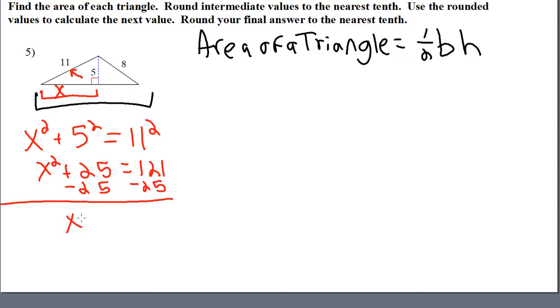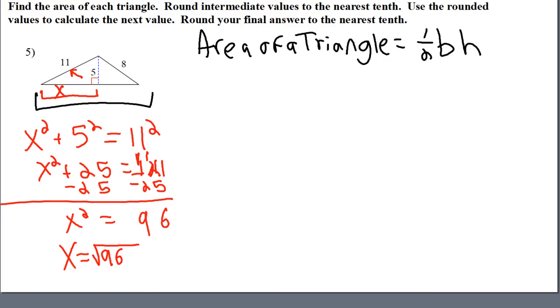We get x squared is equal to, well, 5 minus 1 won't do, so we have to cancel the 2 here, make it a 1, carry the 1 over for 11. 11 minus 5 is 6. 2 minus 1 won't work, so we have to cancel out that last one, bring an 11 up top. 11 minus 2 is 9. So we have x squared equals 96, or x equals the square root of 96.